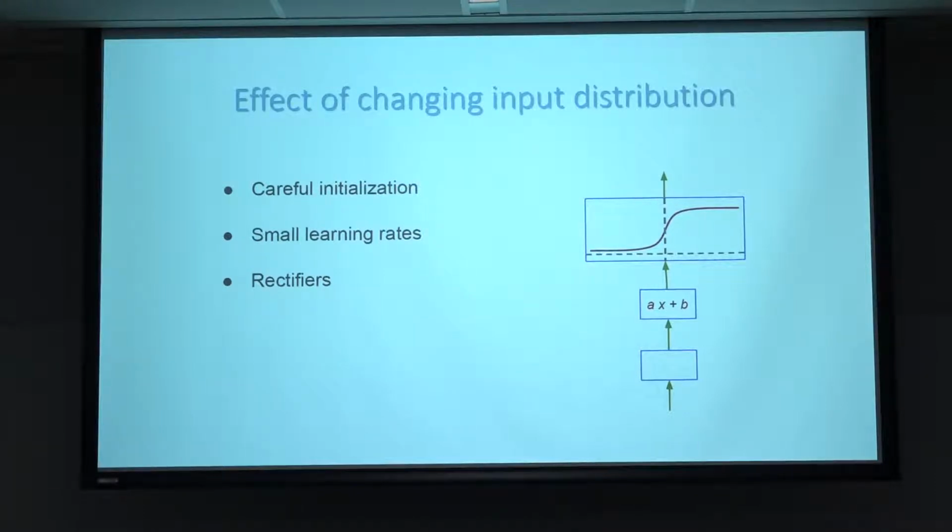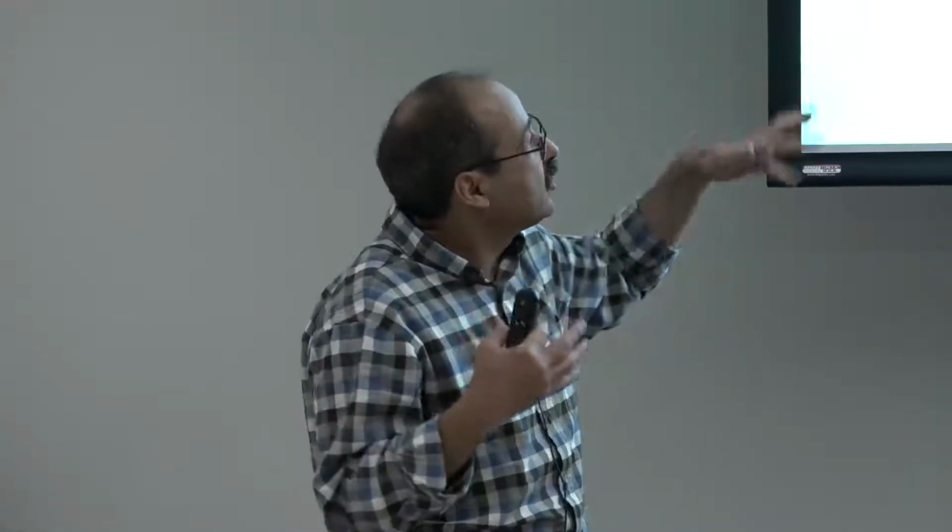But it seems that all of these problems are a side effect of this covariate shift in different layers that we are trying to solve by a smart or careful initialization, or using rectified units, and so on and so forth.